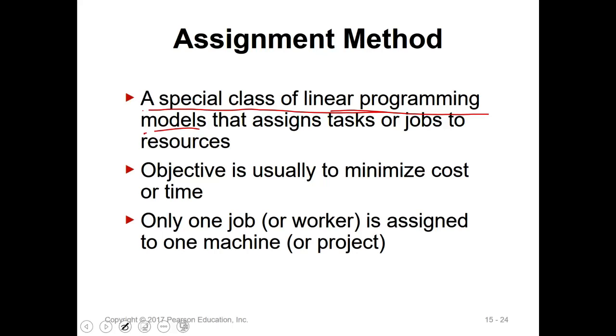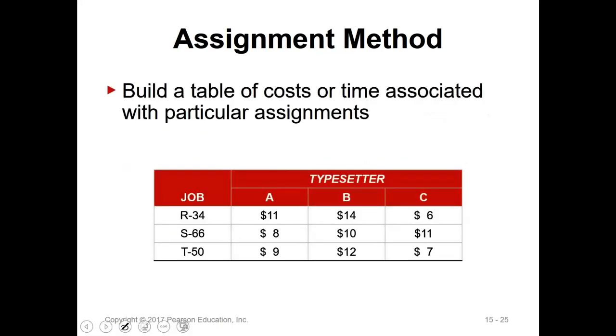And here the assumption is only one job or one worker is assigned to one machine or one project. Here's the example. It's a printing shop. They have printing jobs R34, S66, and T50.